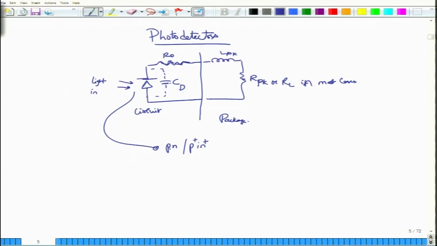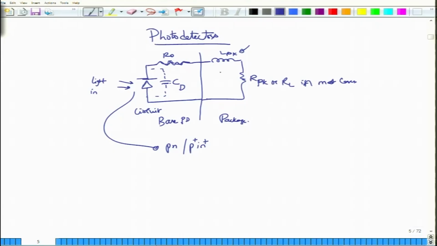Now, because this is a PN junction, there is a certain resistance associated with that, and there is also a certain capacitance. So, this is how the circuit representation would look for a bare photodetector, and PD is my symbol to denote that this is a photodetector. But when you package it, when you bond it, when you put the wires or leads out of it, you normally also have to deal with some amount of inductance, package inductance as it is called, and there could also be some amount of parasitic capacitance.